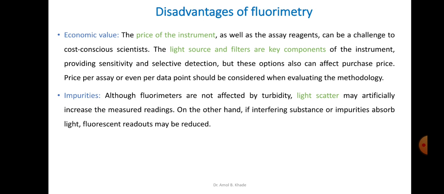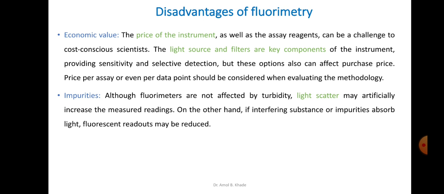Then impurities. So as I mentioned, if the impurities are non-fluorescent and soluble in the sample, they will not affect your final readings. Though they are present, they will not interfere with the final readings, but if the impurities are present as a particulate matter, right, there is a possibility that they may scatter the light of the excitation wavelength, the incident wavelength, and because of that they will alter the final readings.